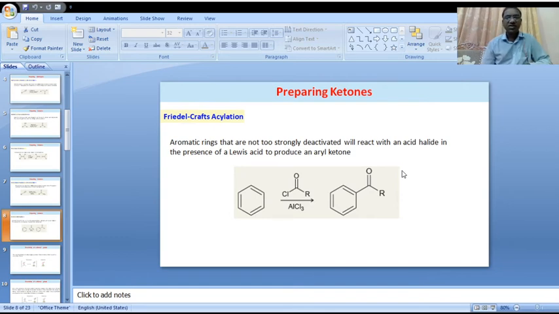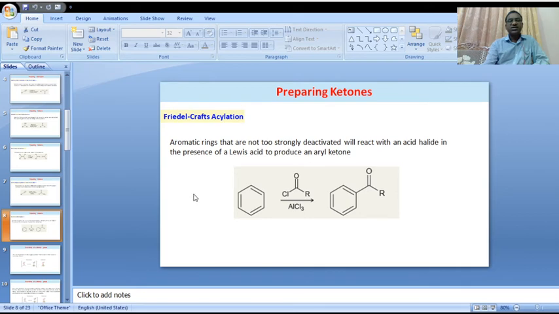Now, preparing ketones with cyclic rings, aryl ketone formation. Here, aromatic rings. This reaction is named the Friedel-Crafts acylation reaction.